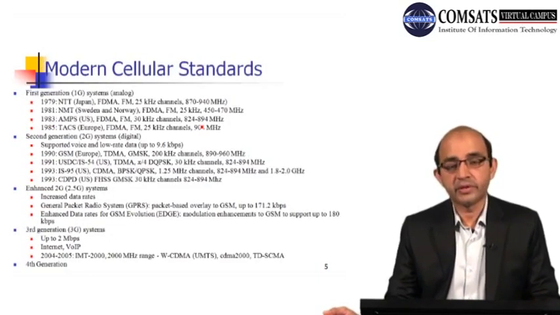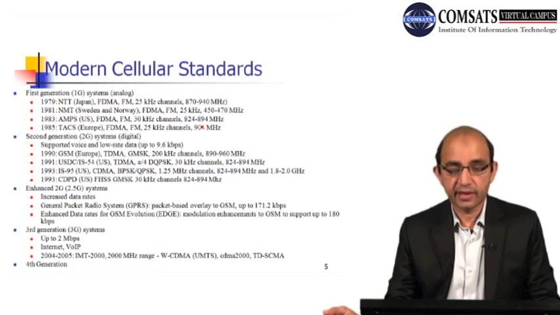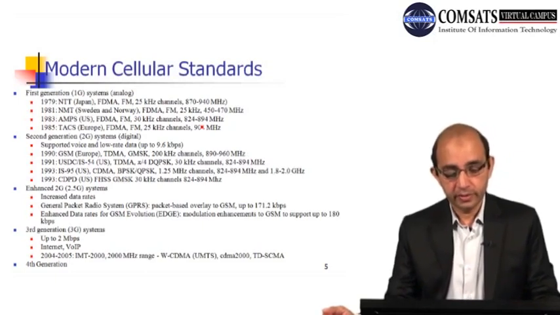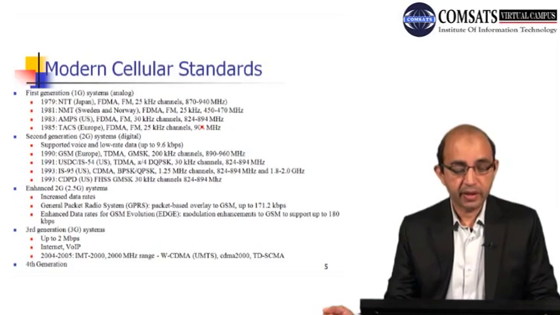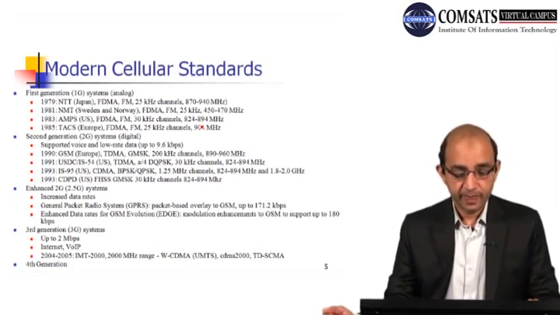So these are some of the standards that are being used in cellular communication. First one is 1G, and within that, AMPS was a very popular communication standard. And then we have 2G, and here we have more data rate.